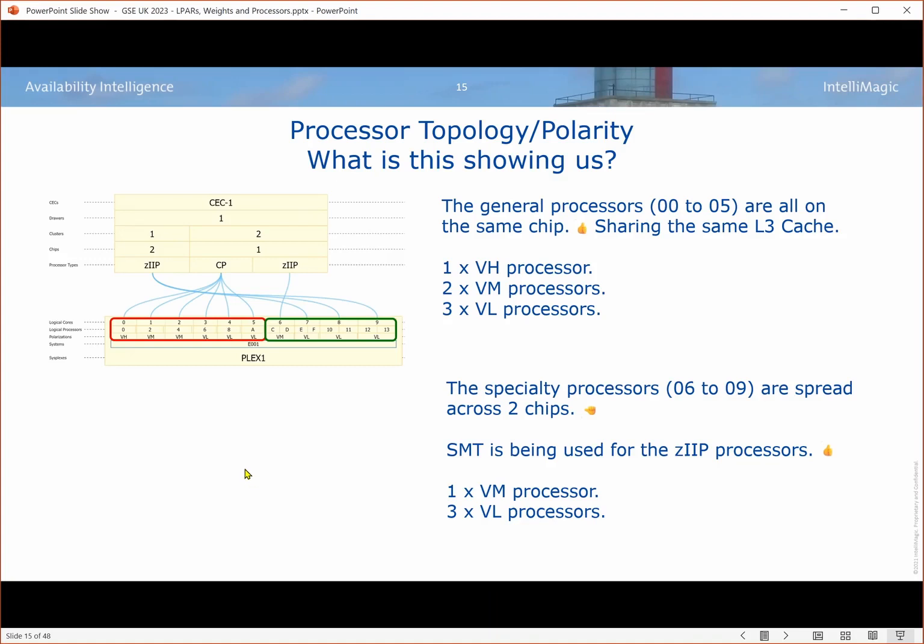So that's why I have a thumbs to the side saying, okay, maybe that's not ideal, but that is the way it is, okay? Just as a side note, we can see that we're using SMT for these processors. So processor number 6, logical core 6, has logical processors C and D, okay? So we see this kind of information in the topology data that I told you about.